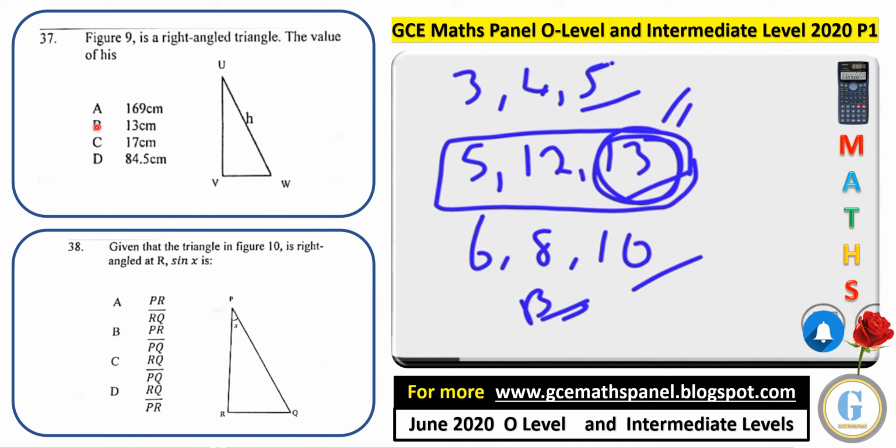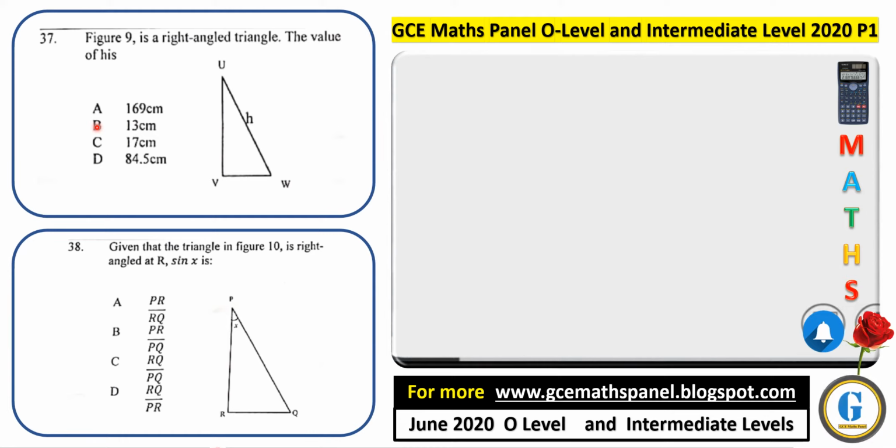Question number 38. Given the triangle in figure 10 is a right angle triangle, what is the value of sine x? From SOH CAH TOA, sine x is equal to opposite side over hypotenuse.